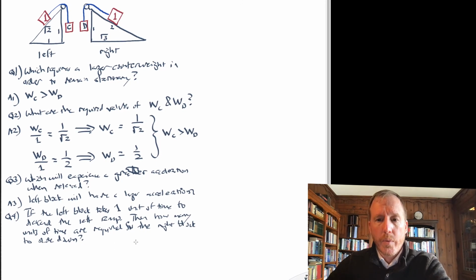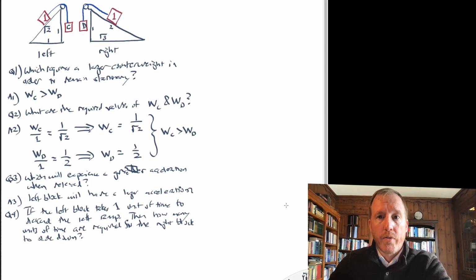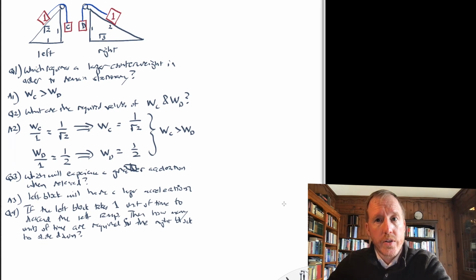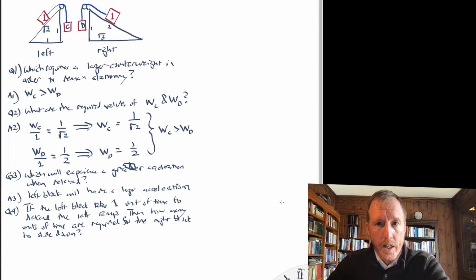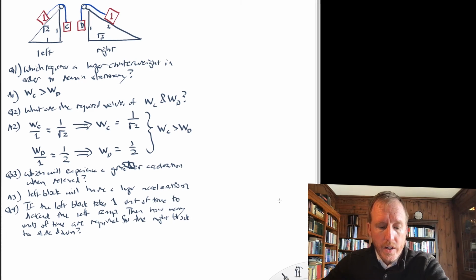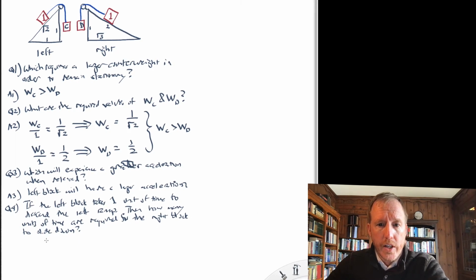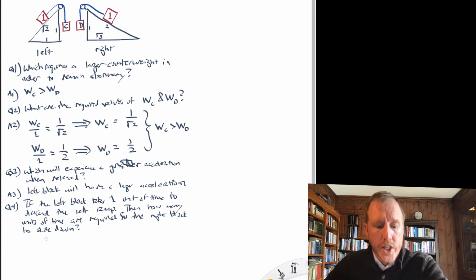Well, the first thing we're going to need to do is to determine, if we want to know how much time it takes, we're going to need to know what the accelerations of these two blocks are. Well, we don't know what the acceleration of either is, but we do know the ratio of their accelerations.